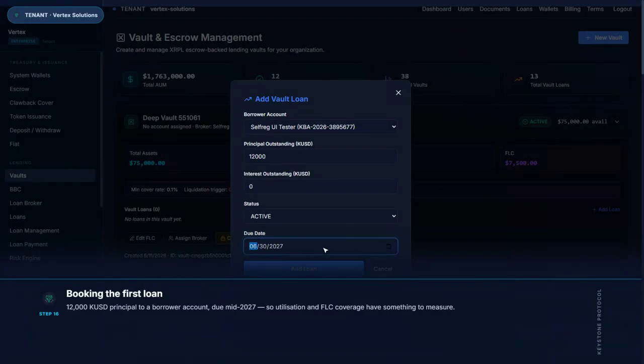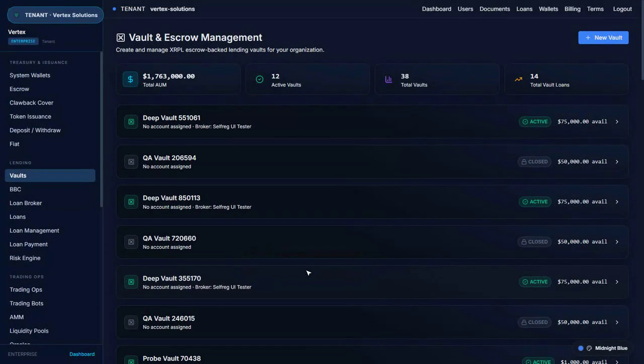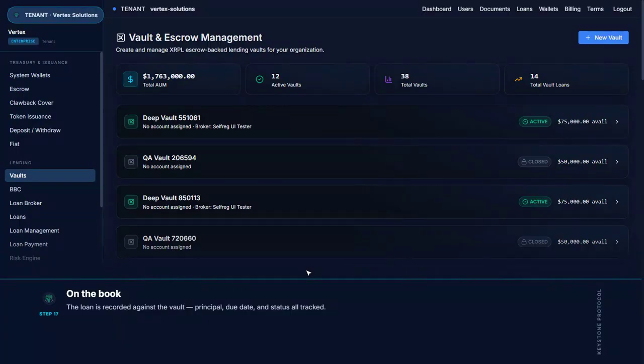Booking the first loan, 12,000 USD. Principal to a borrower account, due mid-2027, so utilization and FLC coverage have something to measure. On the book, the loan is recorded against the vault: principal, due date, and status all tracked.